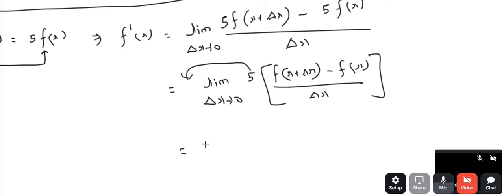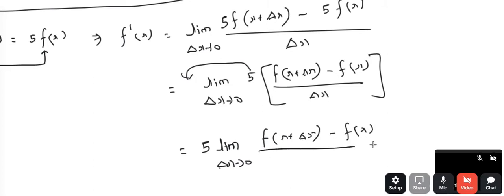So I can factor out the 5 times limit delta x tends to 0, f of x plus delta x minus f of x, all over delta x. This is basically nothing but the definition of the derivative, f prime of x.